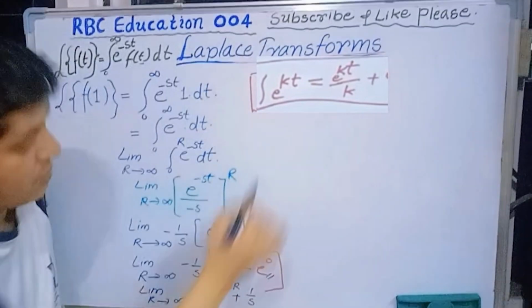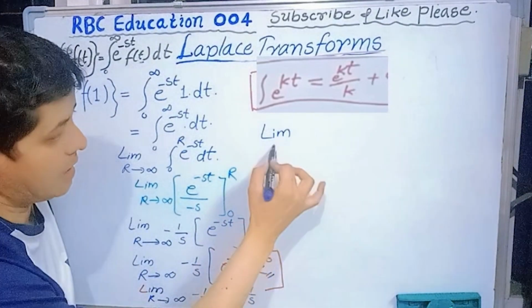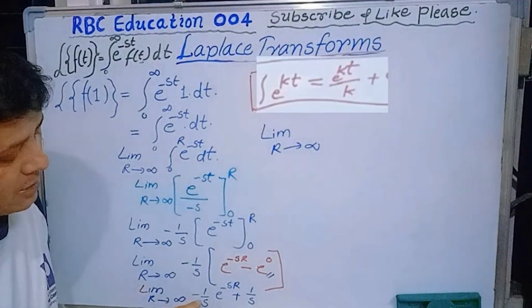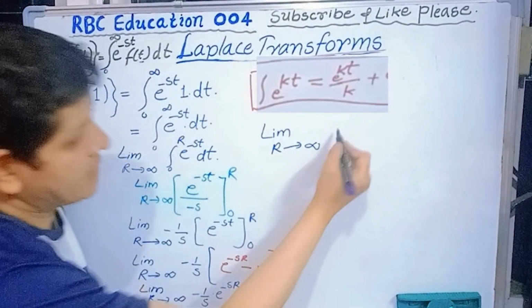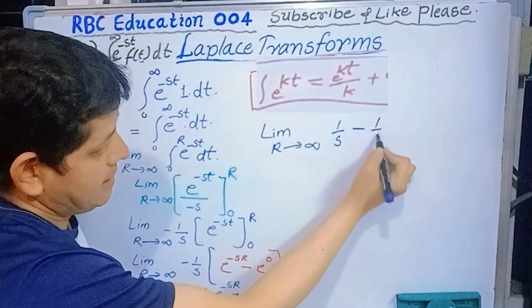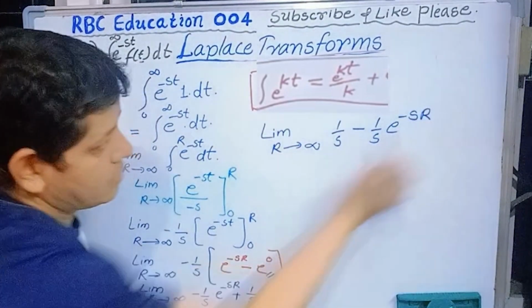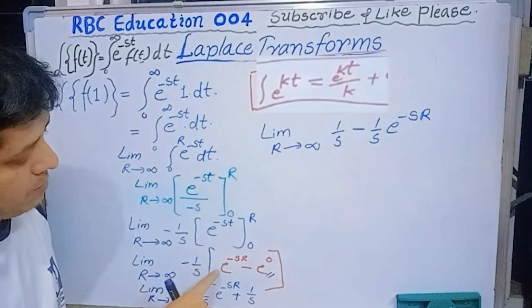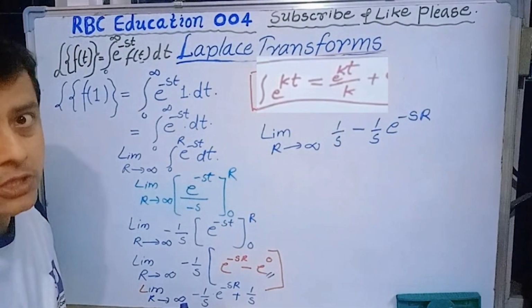Let's rearrange this: limit r tends to infinity of 1/s minus (1/s) e^(-sr). Because the minus was multiplied, one term became positive and the other negative, so this is the equation we get.